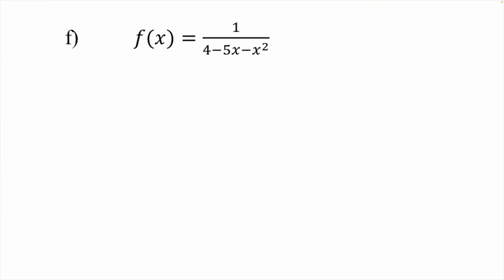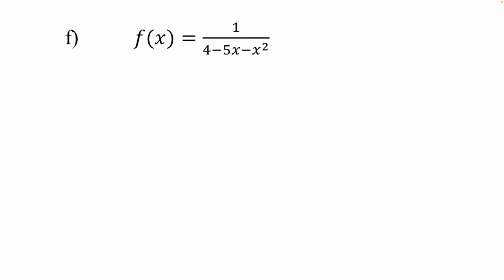F. Again, could you use quotient rule like we've been doing? Yeah, you could do quotient rule for this. If there's just a constant on top, 1, 3, -10, something without a variable, I always do the chain rule.